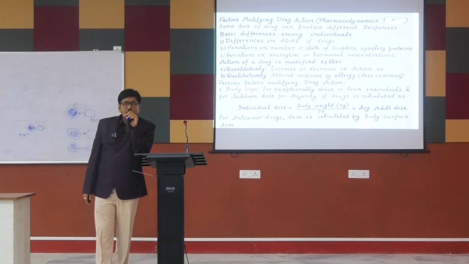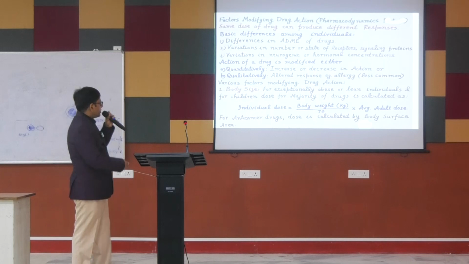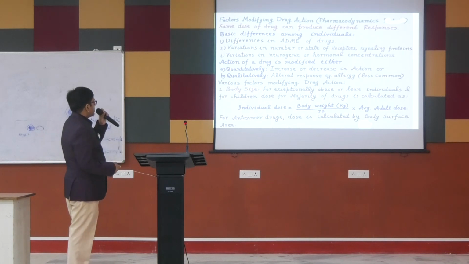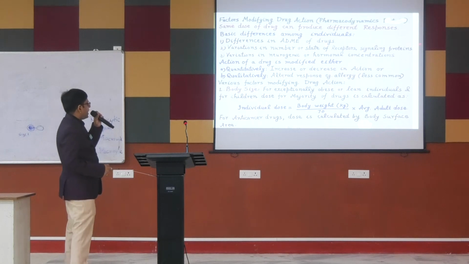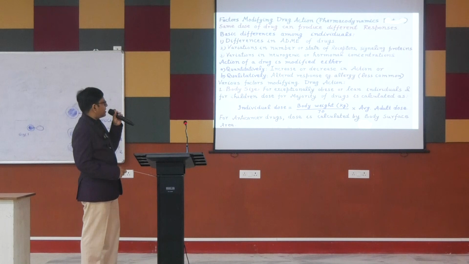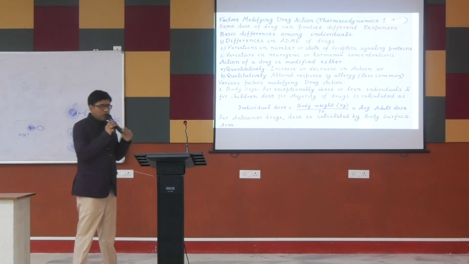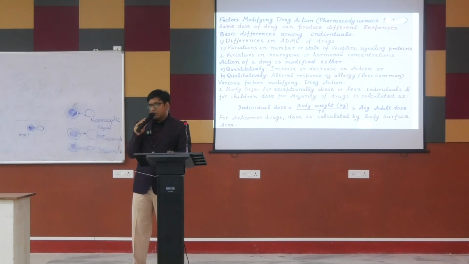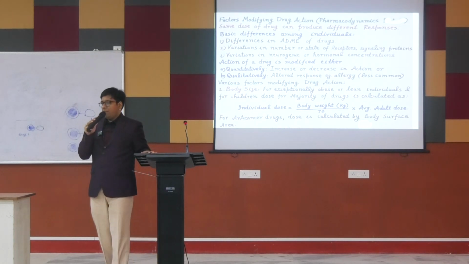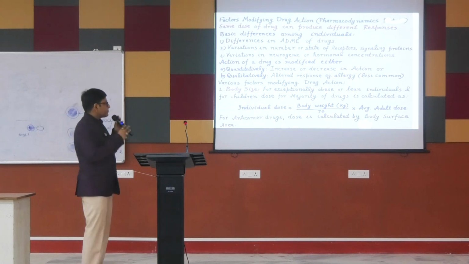So, in each patient, the absorption, the distribution, the metabolism, elimination of drug will be different. Also, the receptors, their number, their state, whether they are active or inactive, the various pathways that are involved along with receptors, their functions, that also vary from patient to patient. That's why the same drug does not produce the same effect in all the patients. Effect of drug varies from patient to patient.